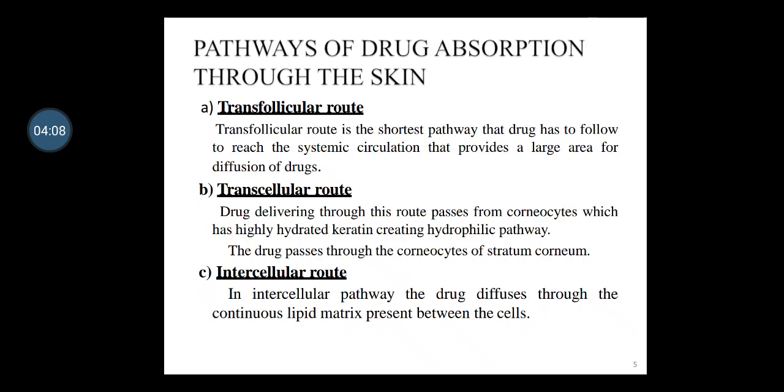The second route is the transcellular route, in which the drug passes through the corneocytes, which contain tightly packed, highly hydrated keratin creating a hydrophilic pathway. So the drug passes through these corneocytes of the stratum corneum.